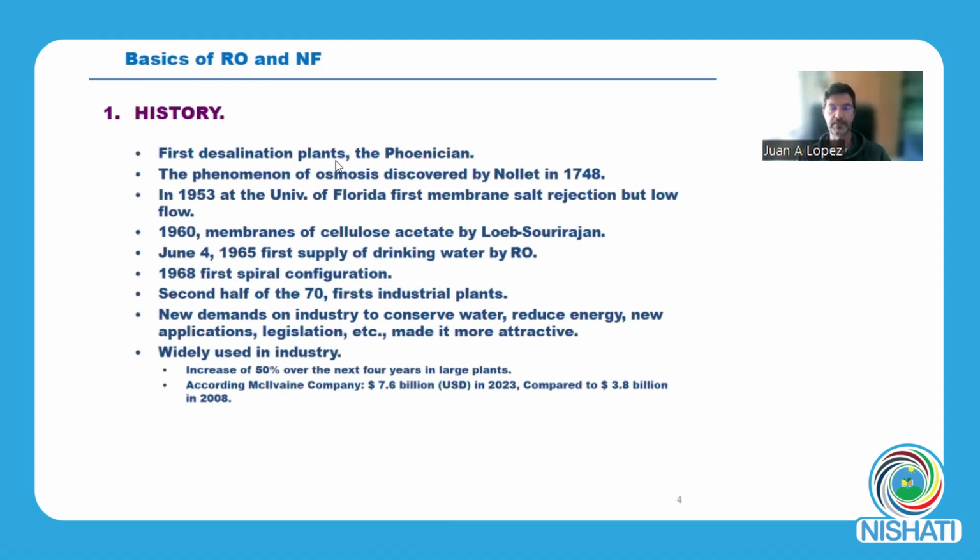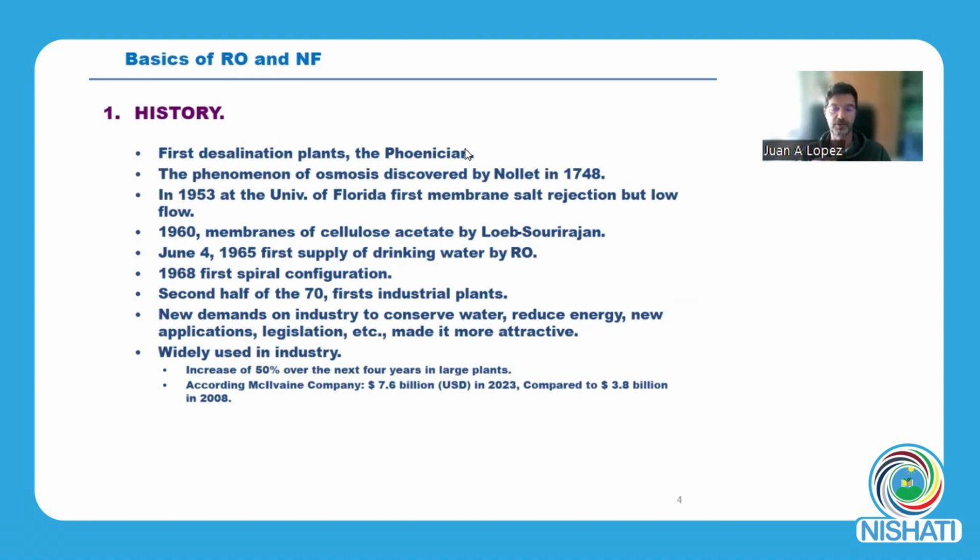So let's take a very short overview of the history. The first desalination plants on this planet were made by the Phoenicians. The Phoenicians traveled from the Eastern Mediterranean to the Western Mediterranean, and they put sponges on the ships. They boiled water over a fire, put sponges with a net, and recovered the steam.